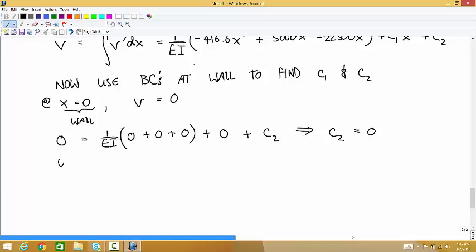And now we can update. Now we have slightly more information about what this deflection function looks like.